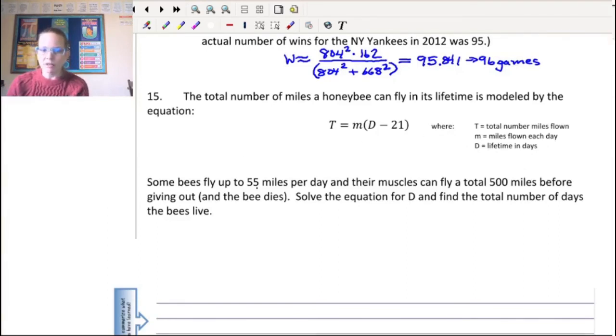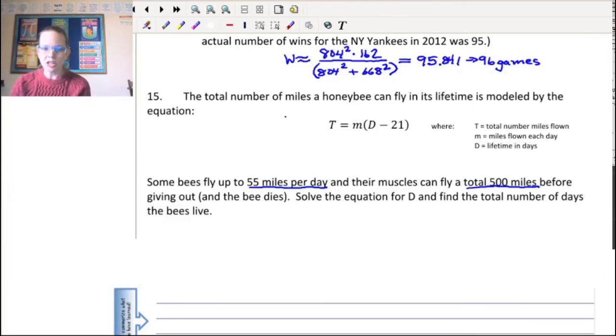Some bees fly up to 55 miles per day, and their muscles can fly a total of 500 miles before giving out, and the bees die. So this is per day, this is in their lifetime. Solve the equation for d, and find the total number of days the bees live.